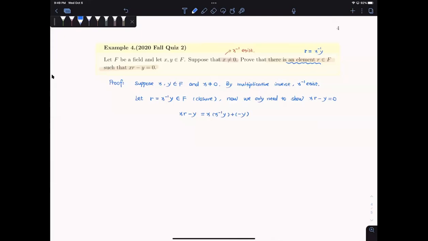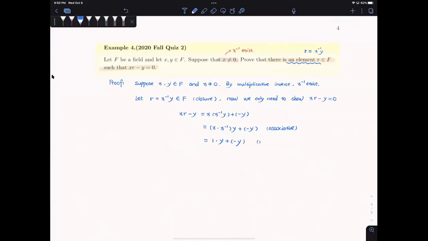And the next step, you're gonna put those two together, so that's associative, which equals 1 times Y plus negative Y. Oh, this looks bad.